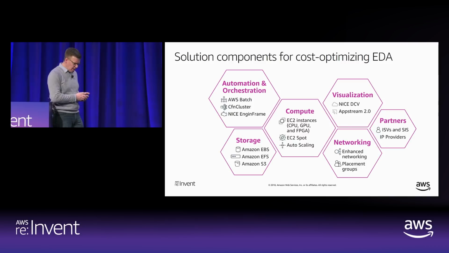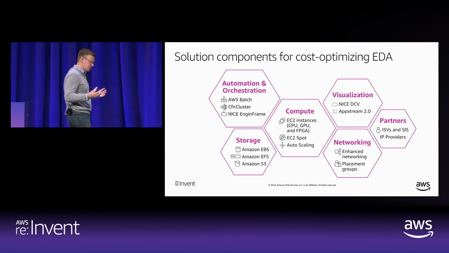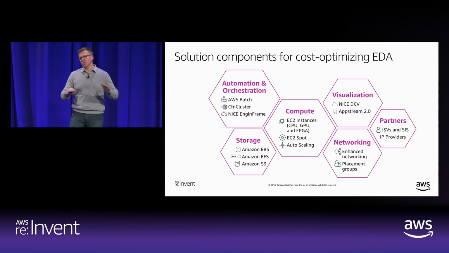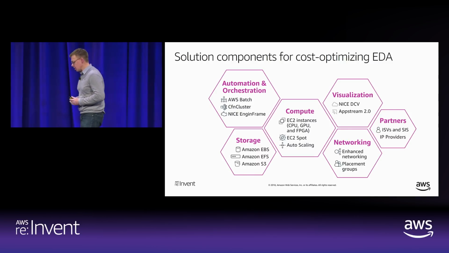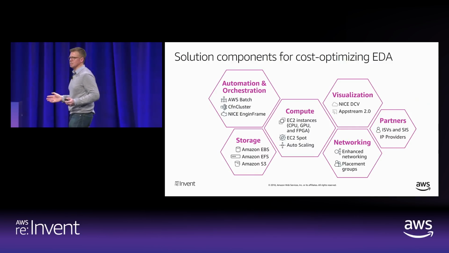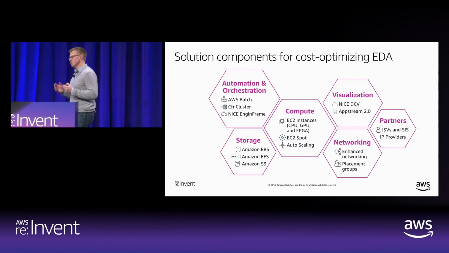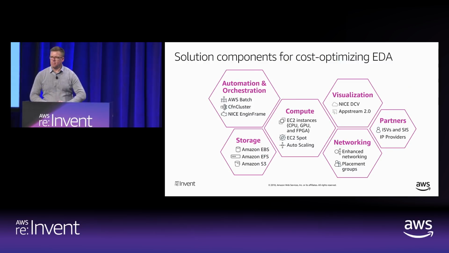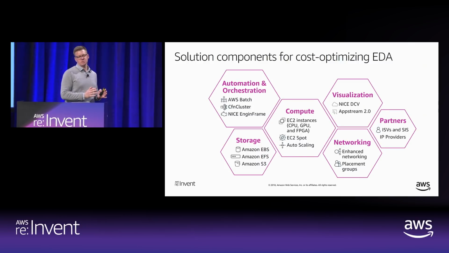And then S3. So S3 is actually where we feel we want to go long term. We want all data to really reside on S3 and restrict what needs to be on a networked file system, and scrutinize what goes on a networked file system.